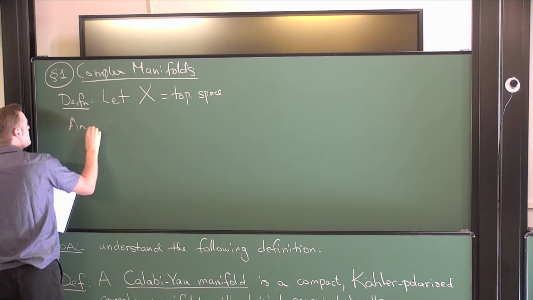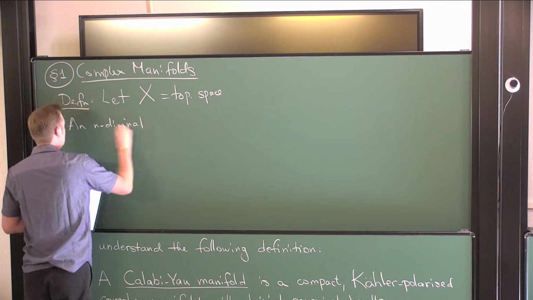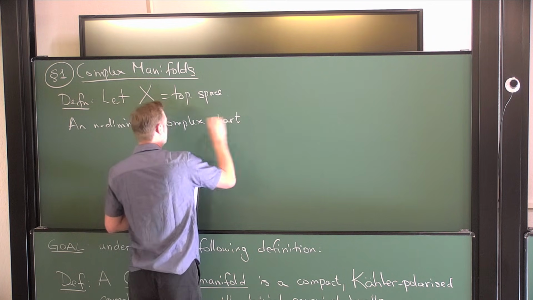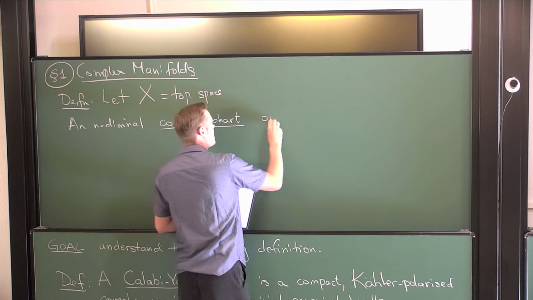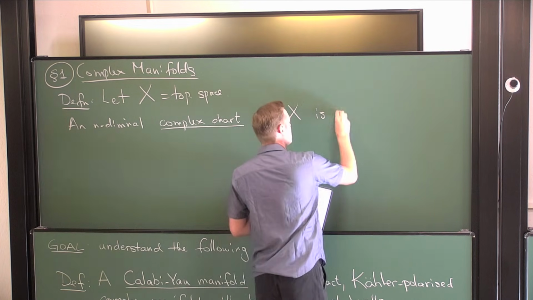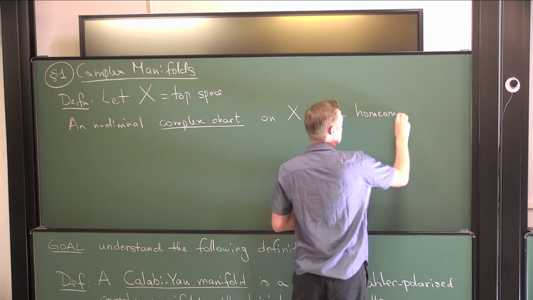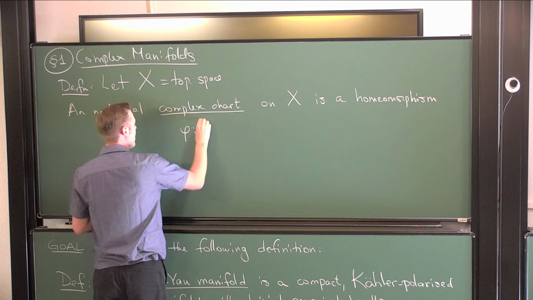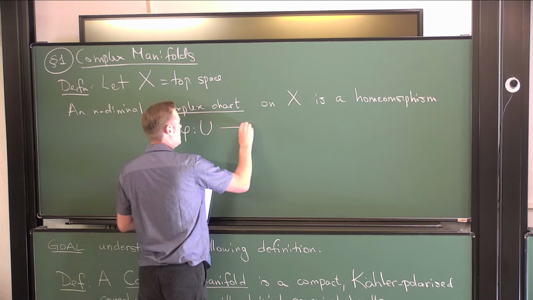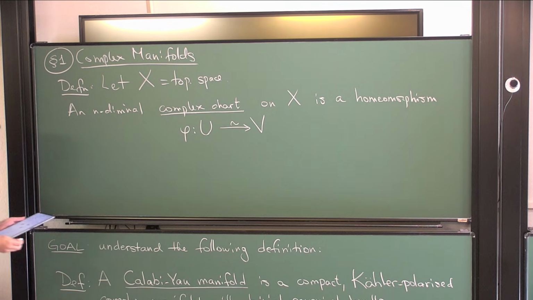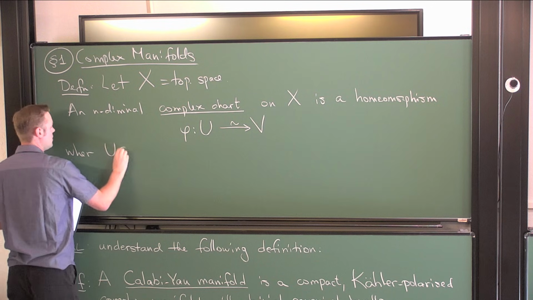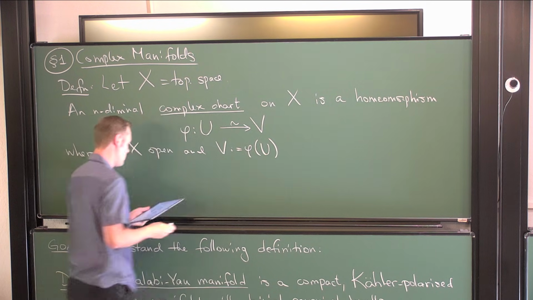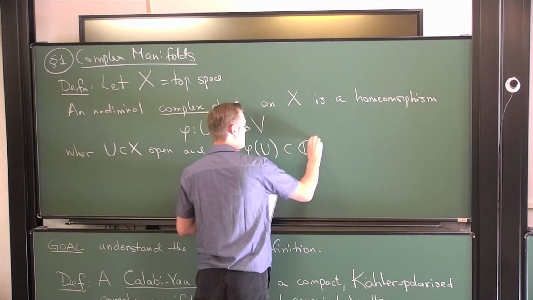I will say that an n-dimensional complex chart on this topological space X is a homeomorphism, let me give it a name, phi, from an open subset U of X to an open subset V of C^n, where U is open in X and V, which is the image of U under phi, is an open subset of C^n.